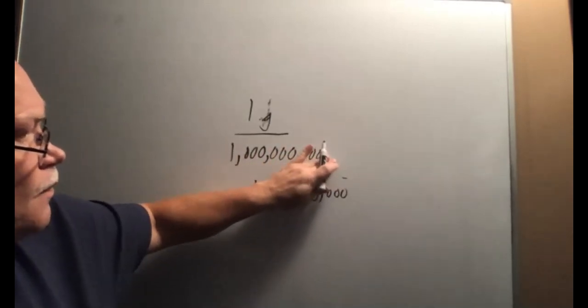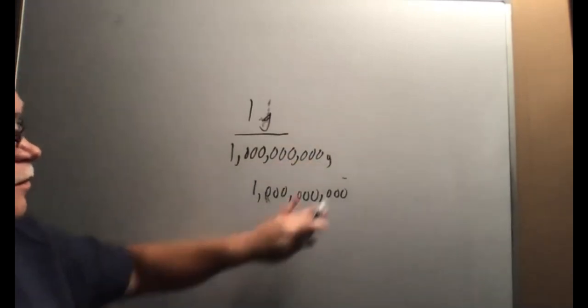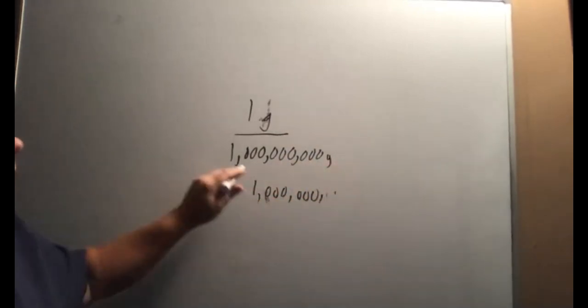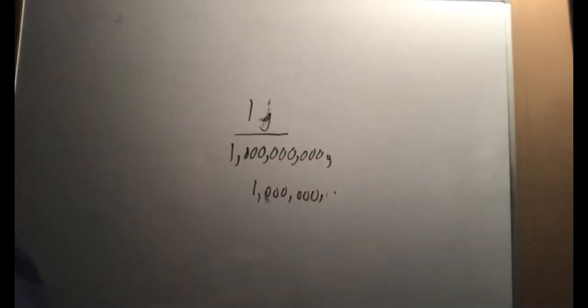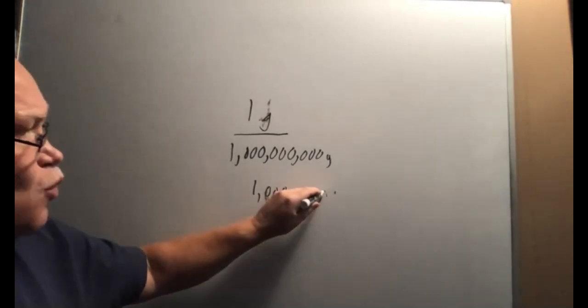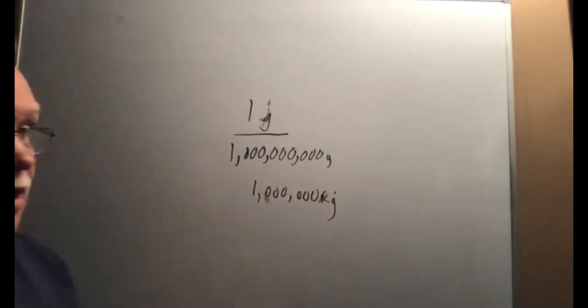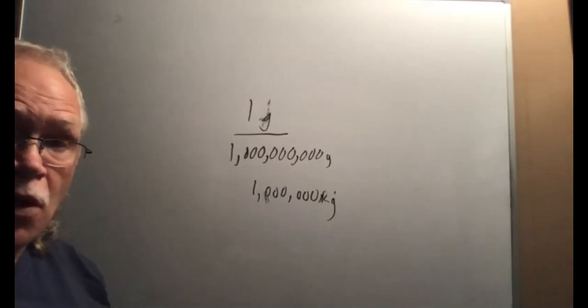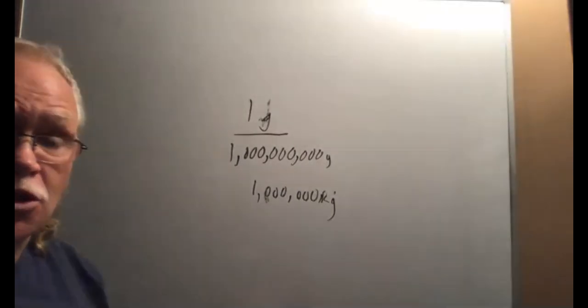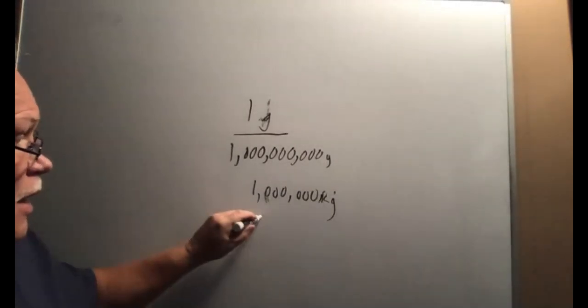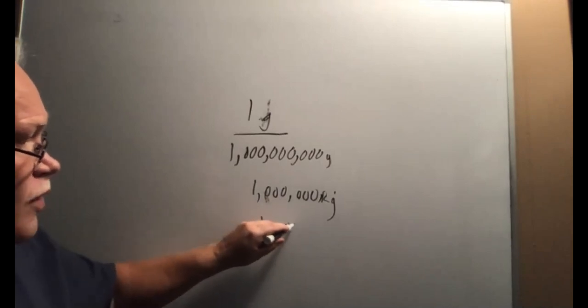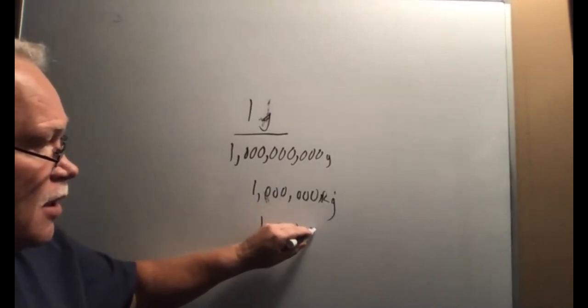Sorry. That's a billion. Okay. So 1 gram per 1 billion grams. That's 1 gram per 1 million kilograms. We all know what a kilogram is. That's 2.2 pounds. That's 1,000 metric tons.